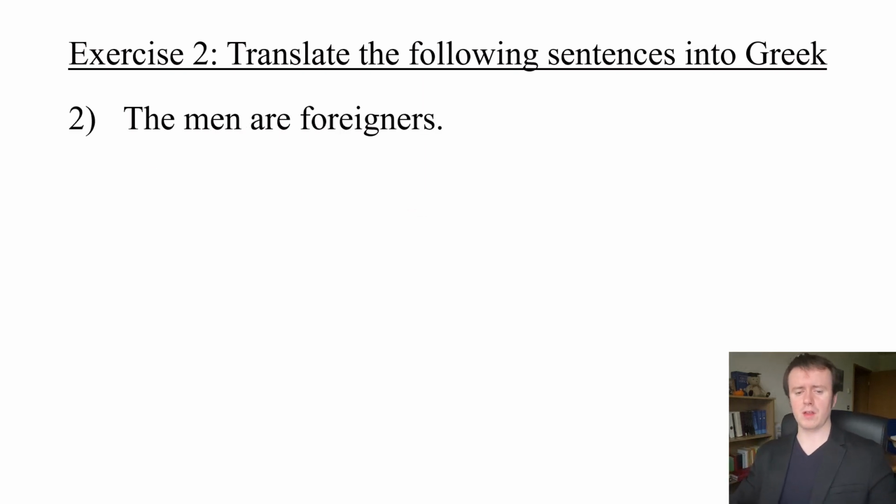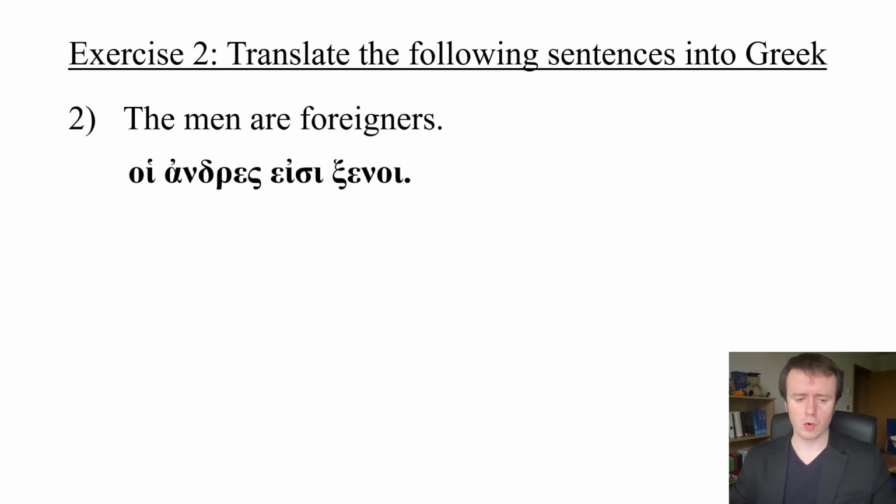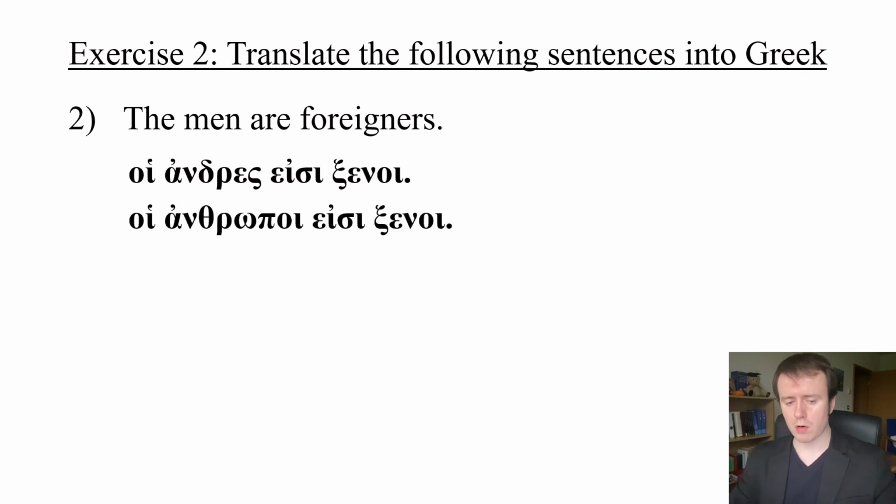Number 2 is the men are foreigners. In Greek, you could say this as hoi andres eisi xenoi or hoi anthropoi eisi xenoi. You could say either of these because the term men could either be gender specific, in which case it would be andres, or if you just mean people, then you would say anthropoi instead.